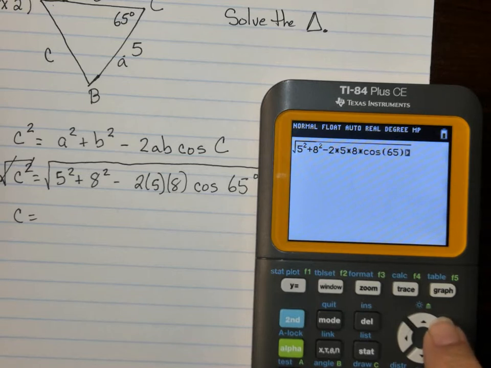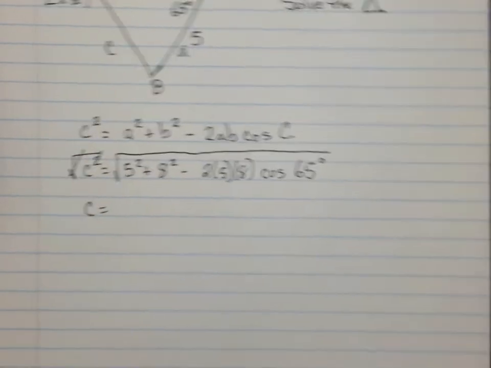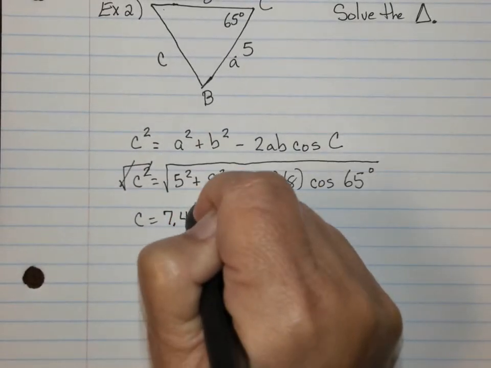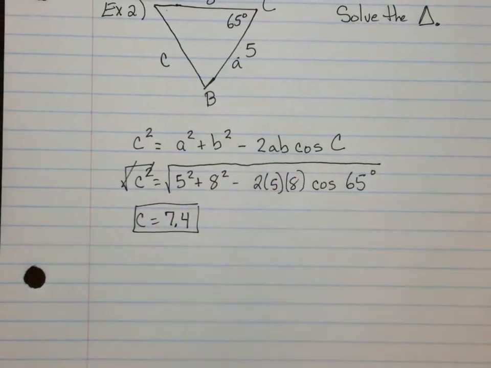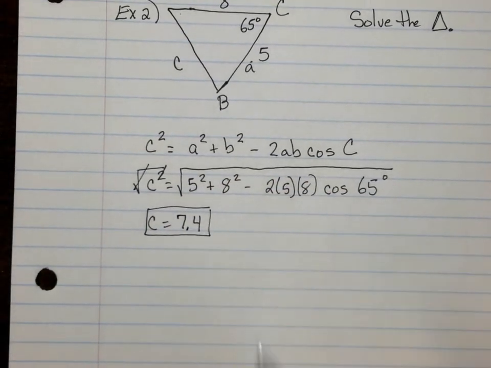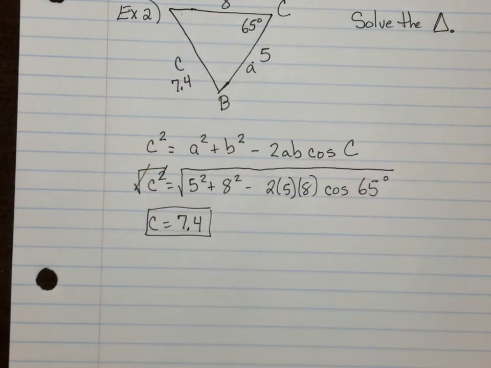I usually like to just arrow over, make sure that little square root doesn't dangle off the end, and hit enter, and we get 7.4. Generally with your side lengths, you round to the nearest tenths. So now C is equal to 7.4.